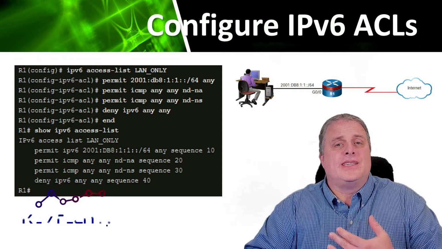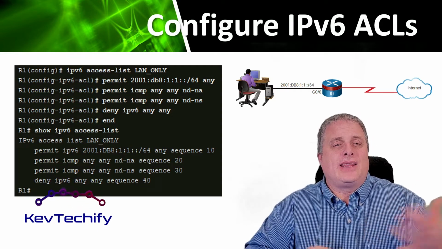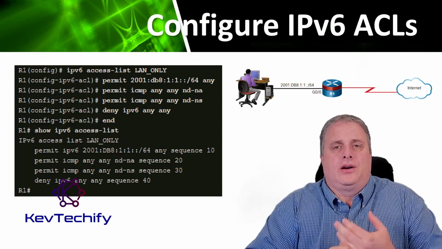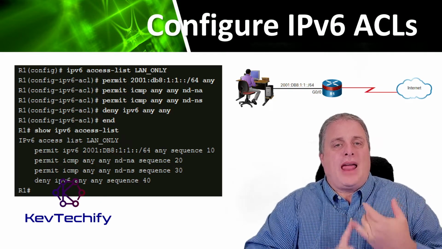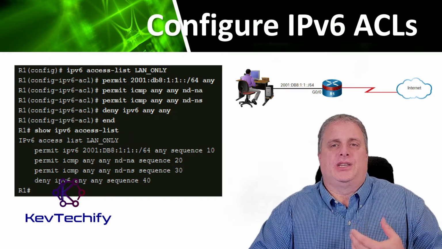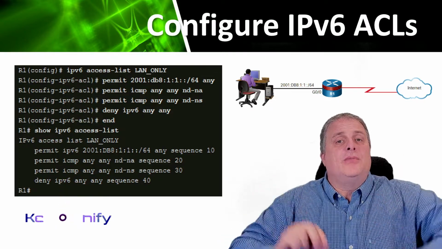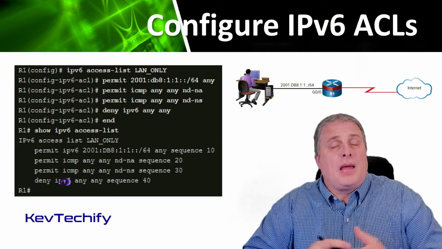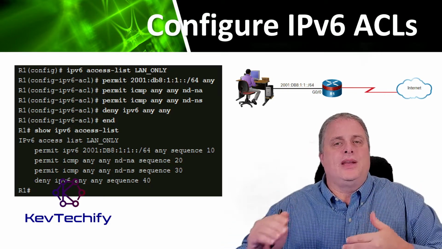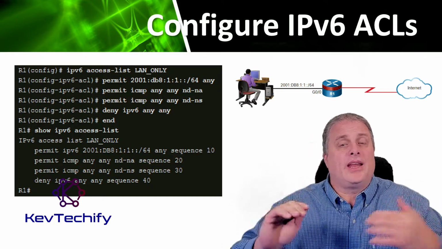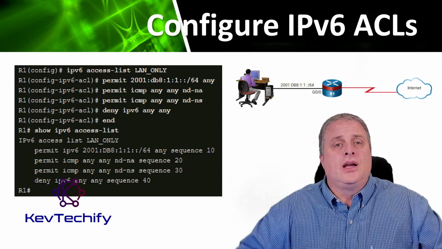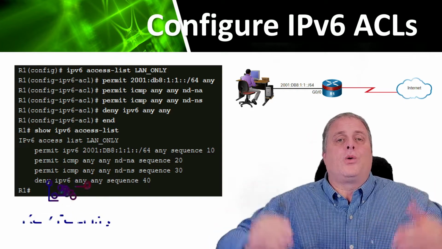The IPv6 neighbor discovery protocol requires that the network layer send neighbor advertisements, typically referred to as NAs, and neighbor solicitations, NSs. If the administrator configures a deny IPv6 any command without explicitly permitting the neighbor discovery protocols, the NAs and the NSs, the neighbor advertisements and neighbor solicitations, then neighbor discovery will be denied.